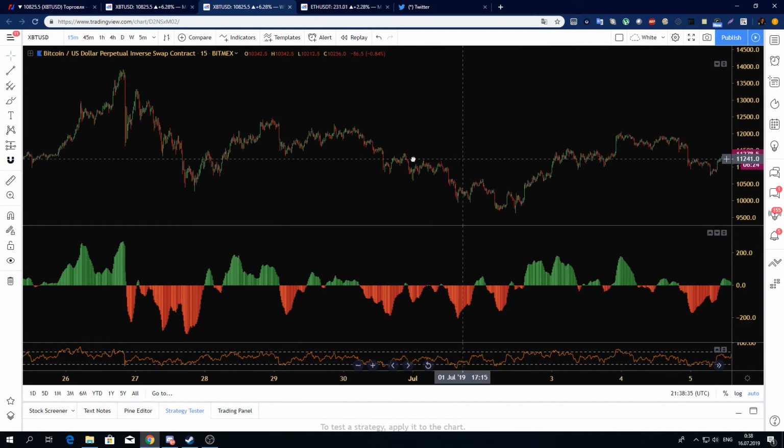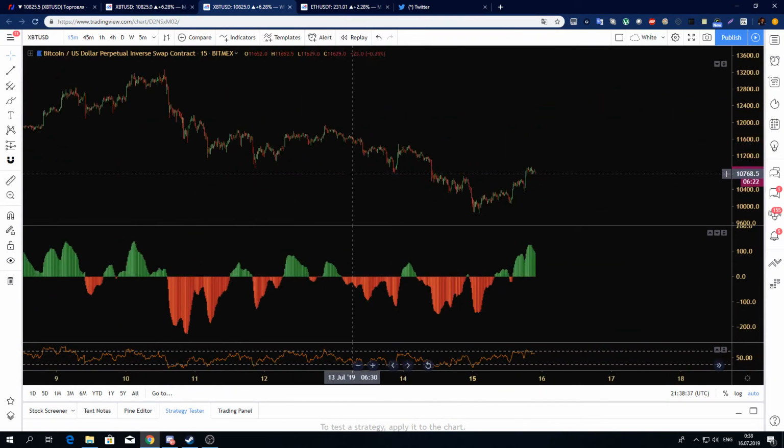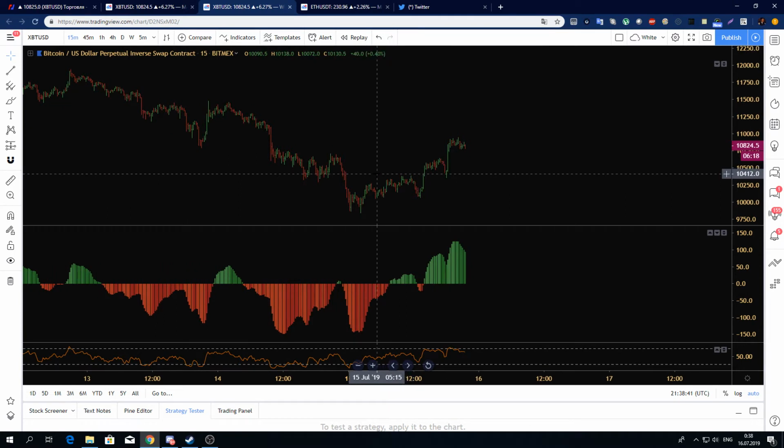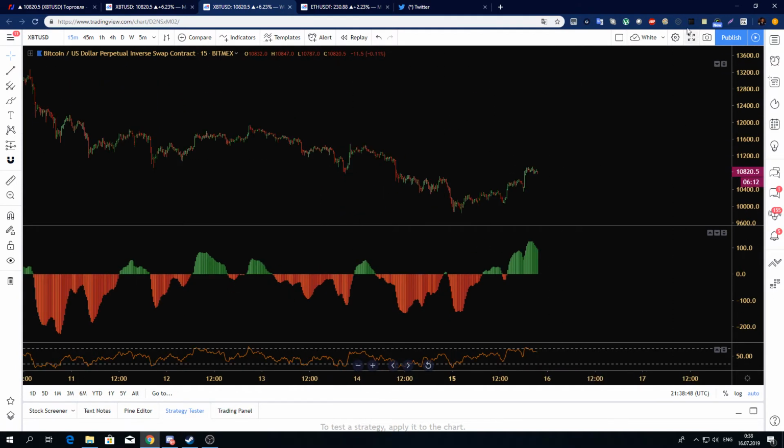So, for example, yesterday, when I was looking at the structure the last time, here we have a correction, blip, and then we have a red impulse.